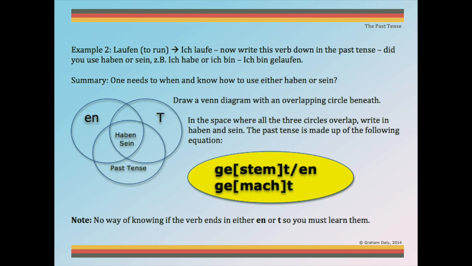You'll have one circle on the left and another circle on the right, but they'll meet in the middle and there'll be a section of the 2 circles overlapping.